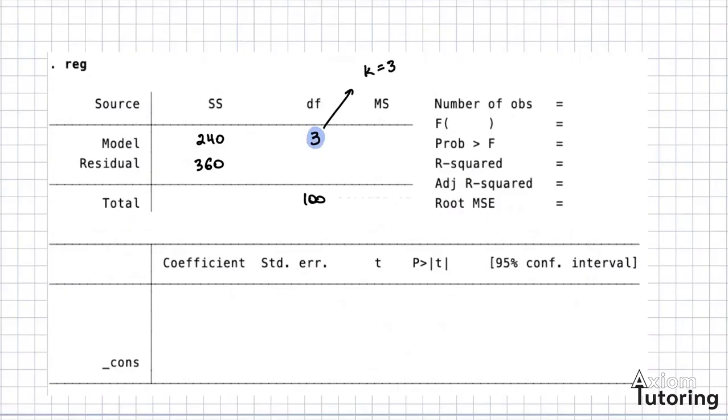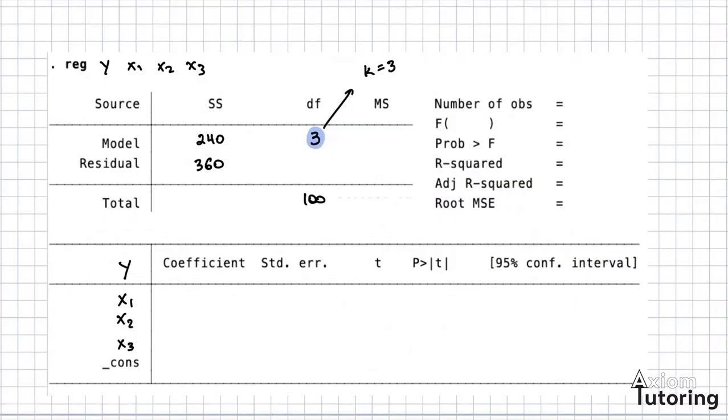If you had to fill in the regression line yourself, the command would have been regress y on x1, x2, x3. And what you would have seen in the lower part of the table would have been y and x1, x2, x3, the constant being always there for any regression that you run unless you have said that you don't want a constant in it. But for that, you'd have to give a command.